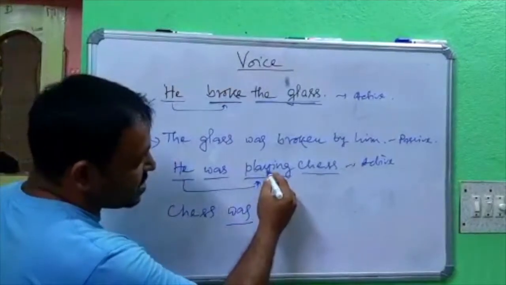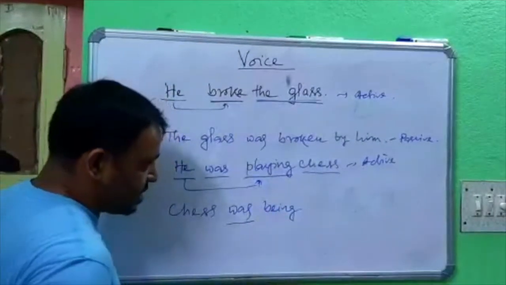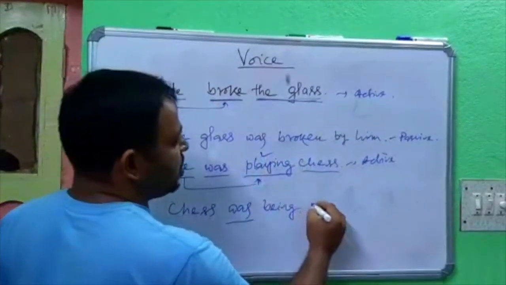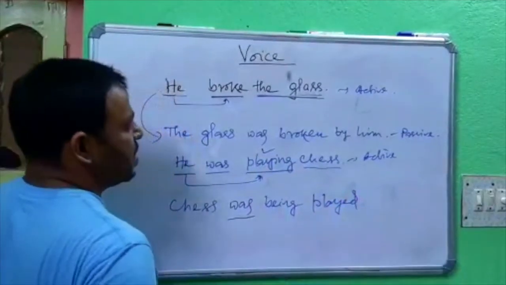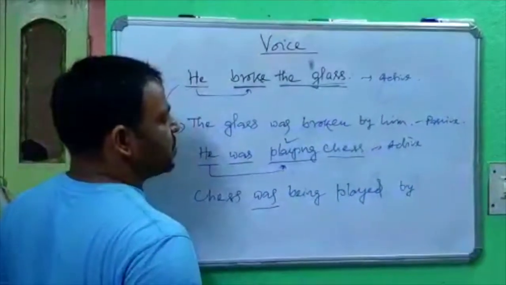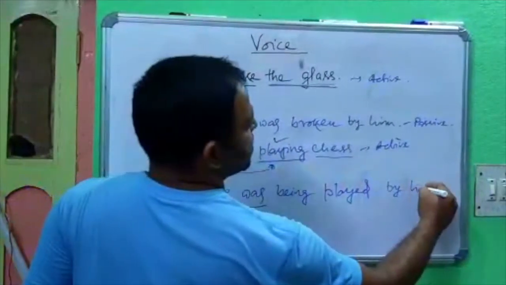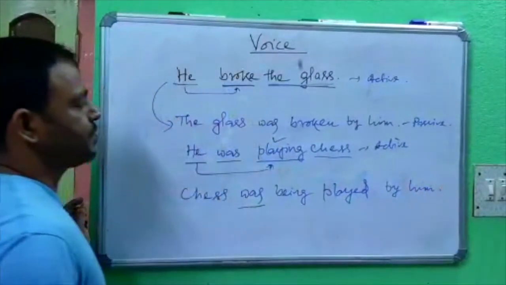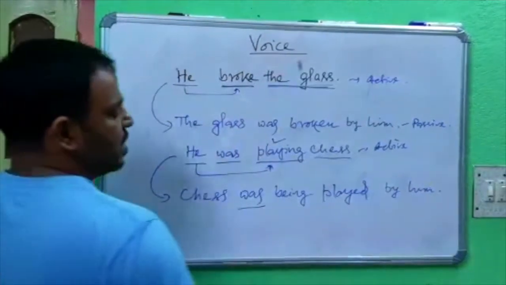And as it is in continuous tense, the be verb would be been for passive voice, and the verb is to be used in past participle form, that is played, and the preposition is there, and the subject would be object him. This is the past continuous tense.